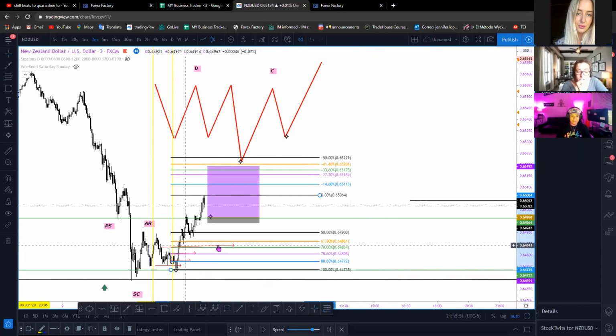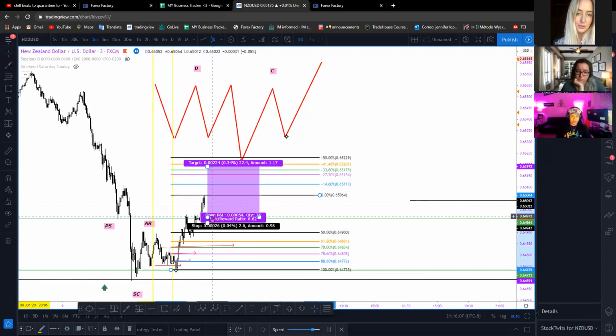I can eyeball that because I'm looking at the imbalance from the wicks, but it'll usually be the same area as 70, 78, or 88. But let's see if this becomes a potential entry. If this gets stopped out, then my next area for a potential entry would be right there.